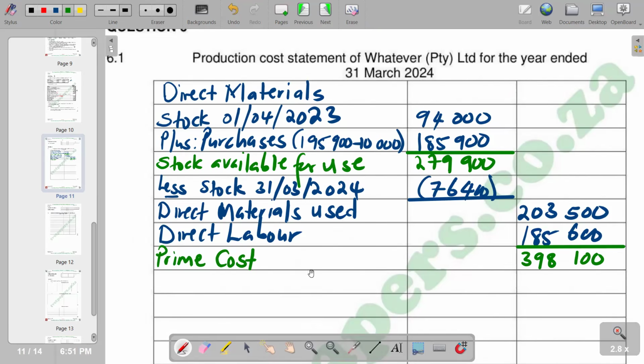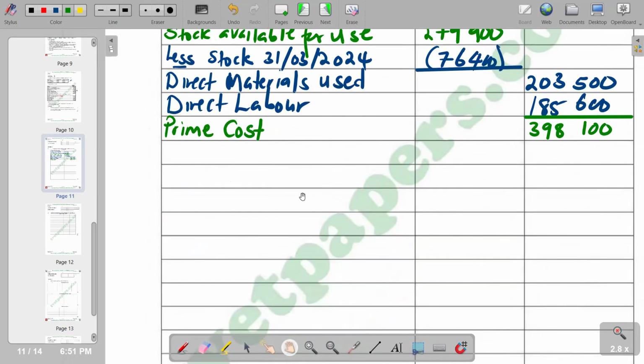Going forward, you'd see that from prime cost, you are supposed to move on to manufacturing overheads recovered. And of course, for manufacturing overheads recovered, we get the amount in the question.